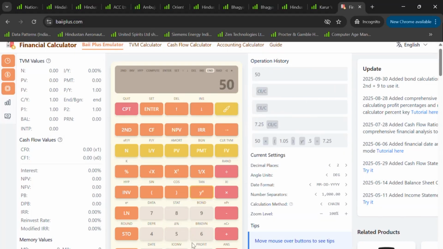So 50 into open brackets 1.05, right? Raised to the power of is here and it's 0.5. Okay? What's your answer? Did you get this much?